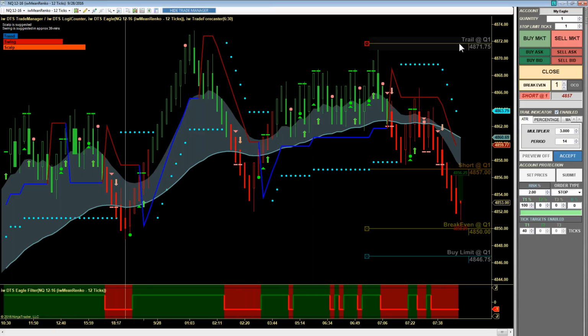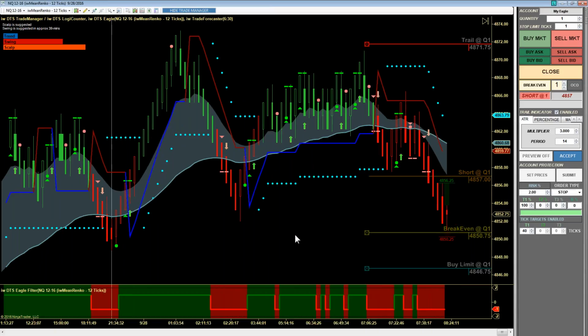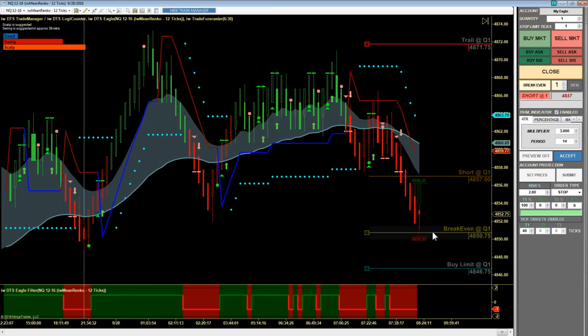So I've enabled my ATR stop. When this bar closes, the trade manager will automatically roll my stop there. We'll move the break even up to the low of the bar. So you can see how the auto break even works.